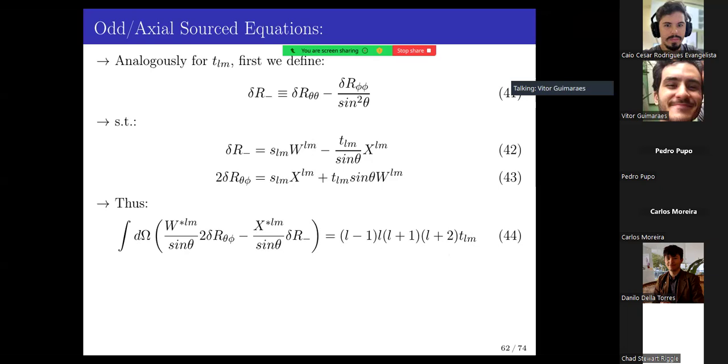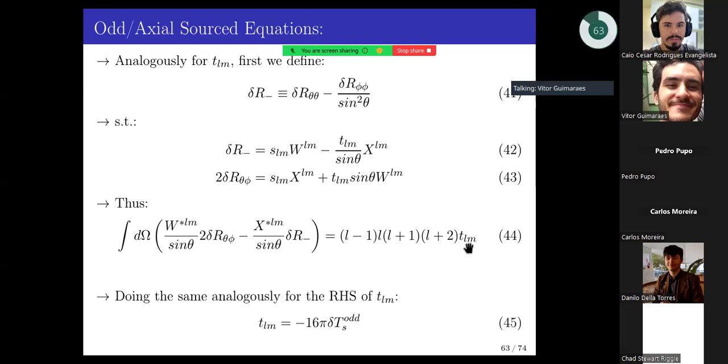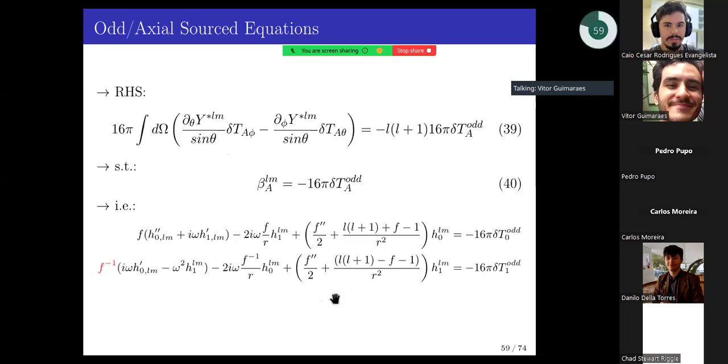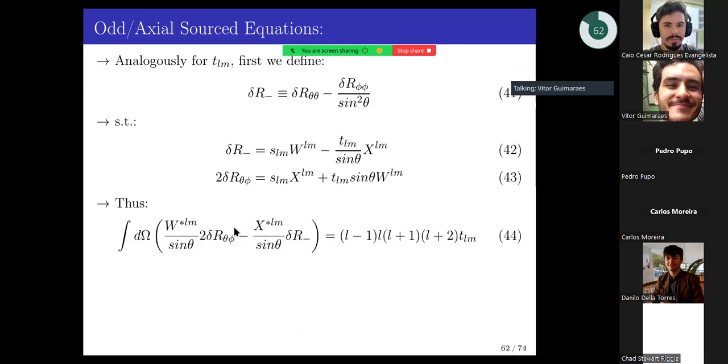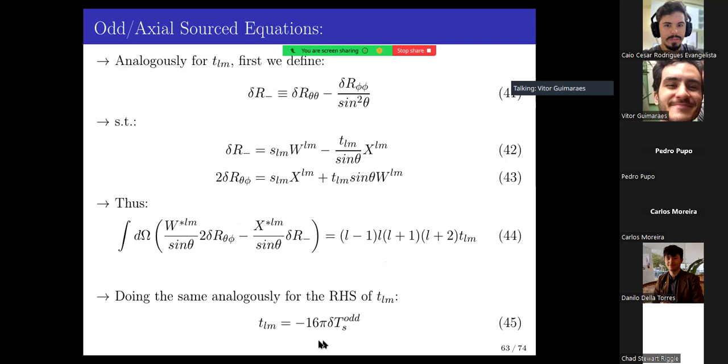Okay, so now we obtained the left-hand side for T. Doing the exact same for the right-hand side, we can see it is exactly as we did here, right? Just construct the energy momentum tensor version of this, and do the energy momentum version of this, right? And you will obtain this component here, okay?